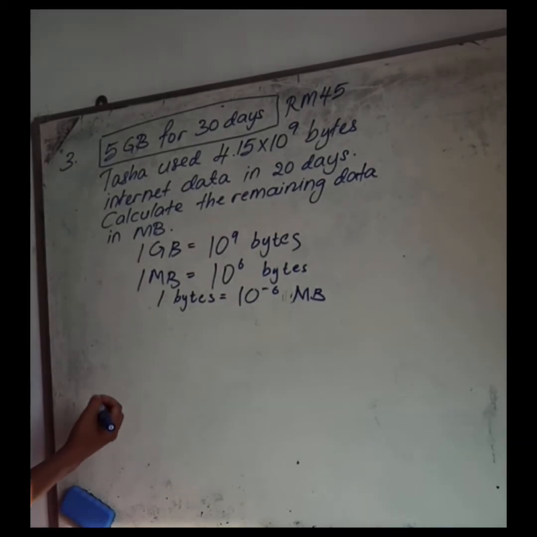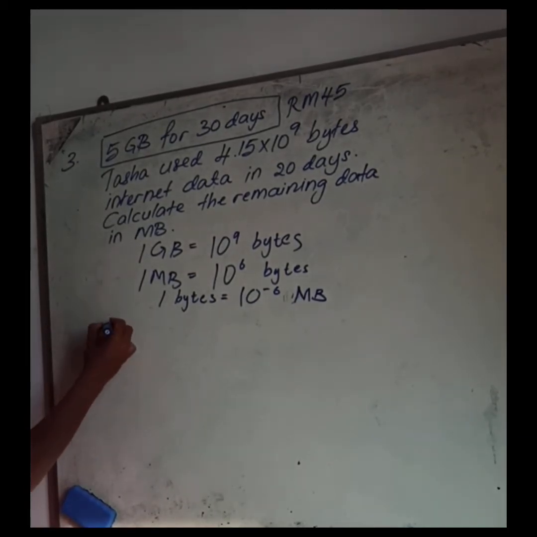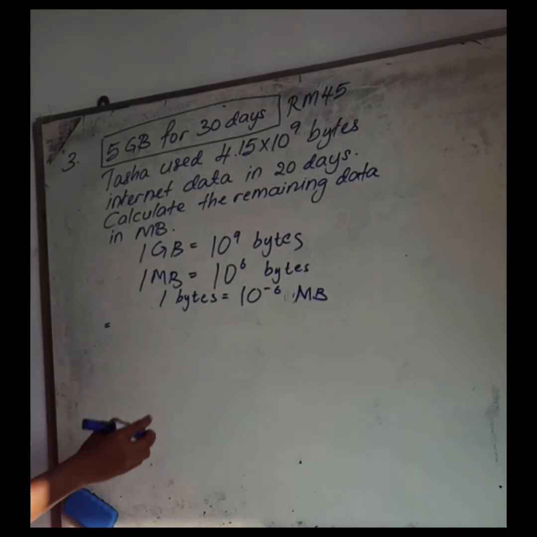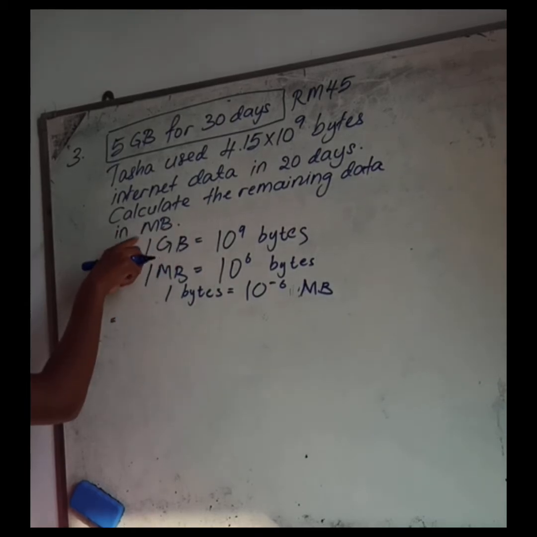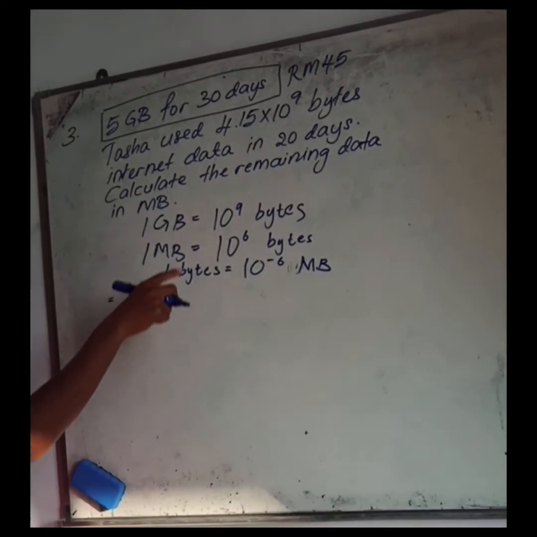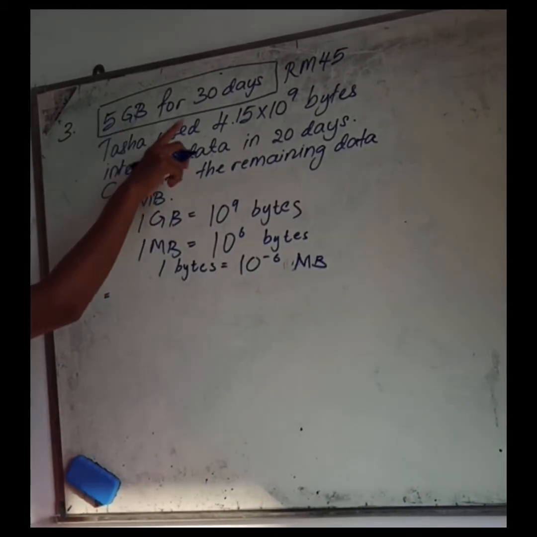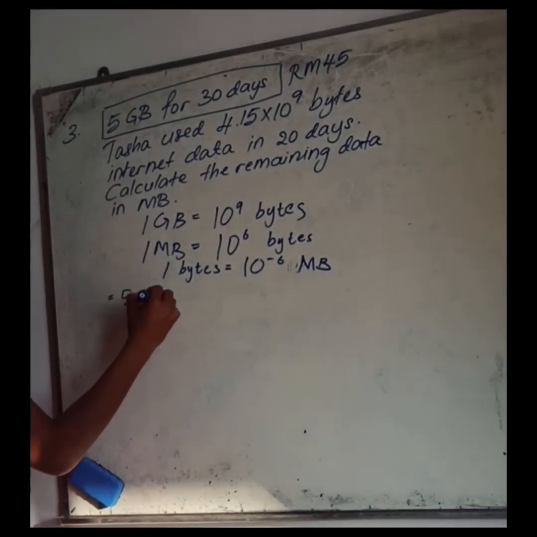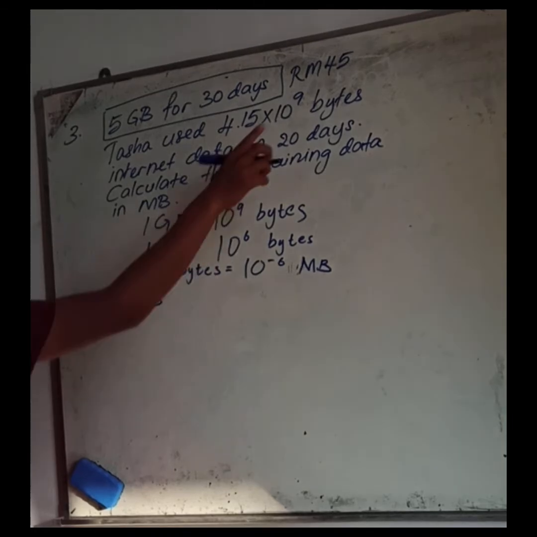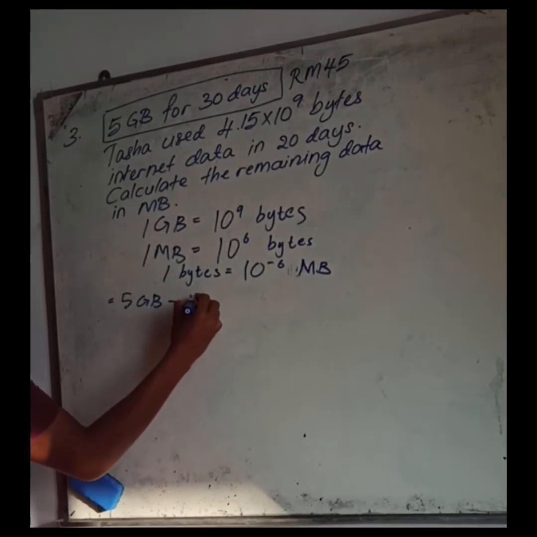Alright, so let's make them in the same unit, because the question will eventually ask for the answer in megabytes. Let's first change 5 gigs into the same unit of bytes.